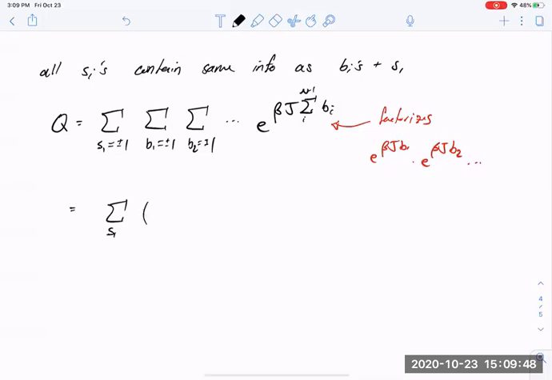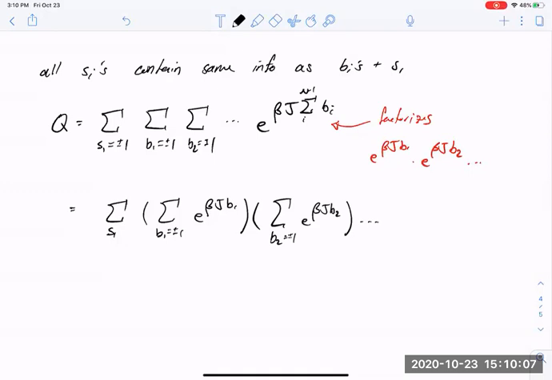Say for B1 being plus or minus 1, I have e to the beta J b1. I have the factor from b2. And n minus 1 factors thereof.